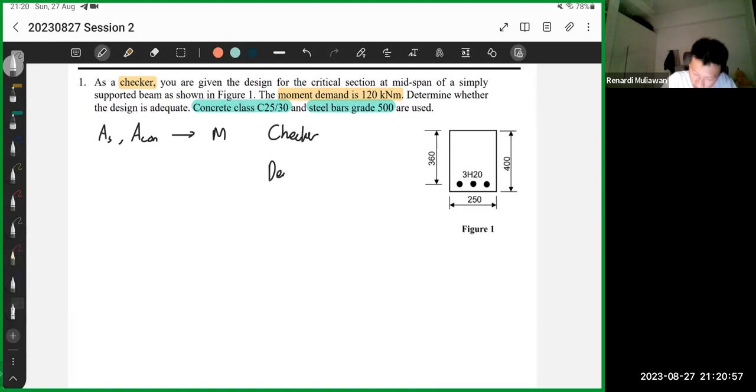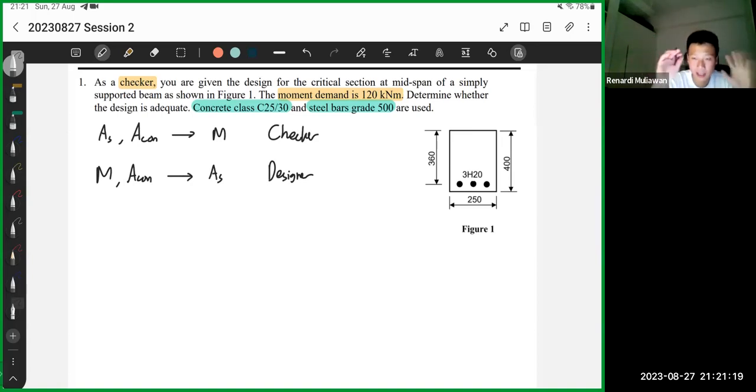For designer, it's the other way around. We have the area of concrete, the section of concrete, but we only have the moment. Based on this moment, in this case 120, we are asking what's the minimal amount of steel. That's designer. Those are two different inputs and outputs.